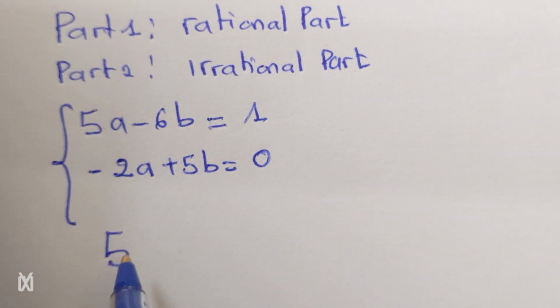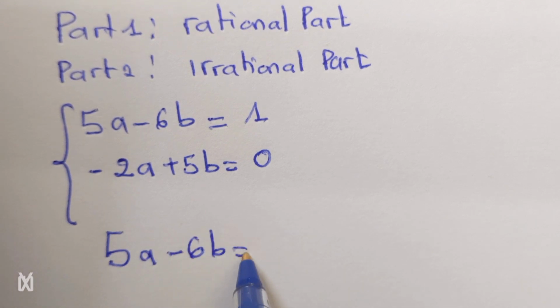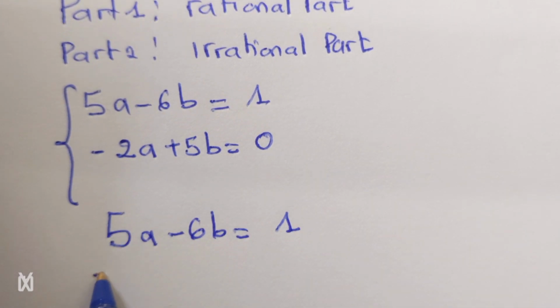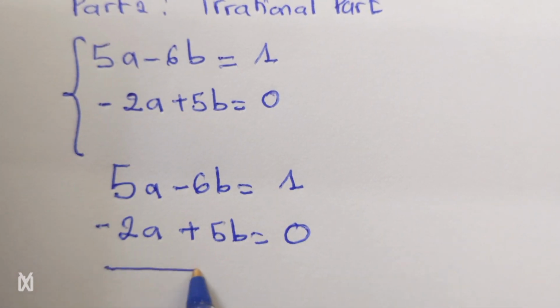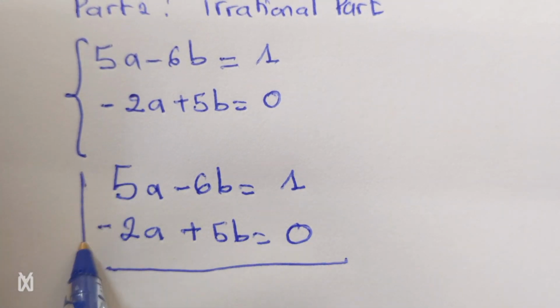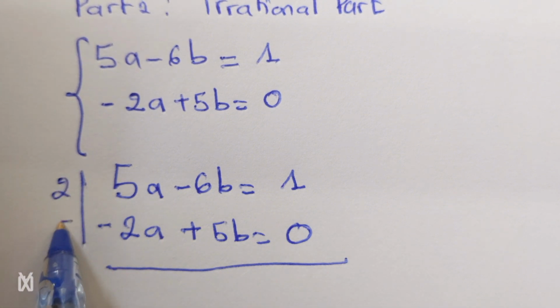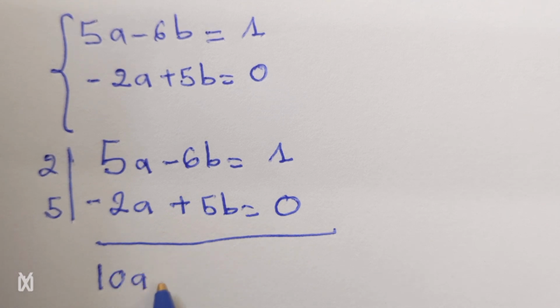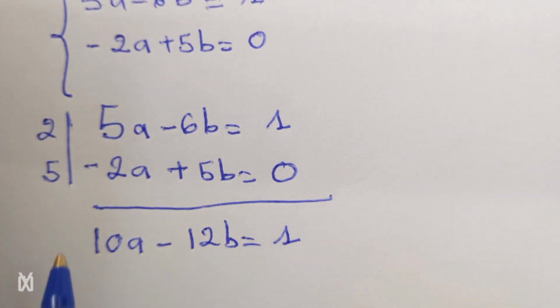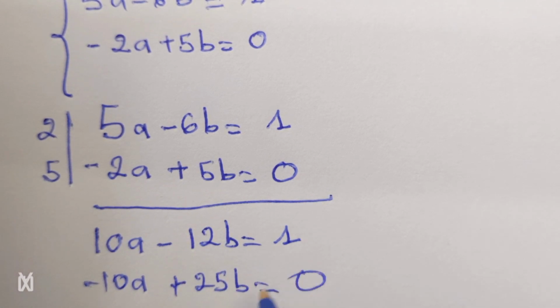Now here we have 5a minus 6b, which is equal to 1, and negative 2a plus 5b, which is equal to 0. In solving simultaneous equations, we are going to multiply here by 2 and here by 5 to get 10a minus 12b, which is equal to 2, and here we have negative 10a plus 25b, which is equal to 0.